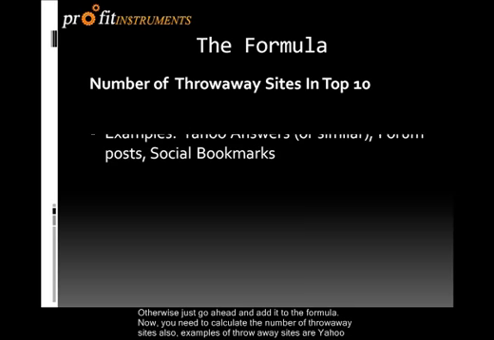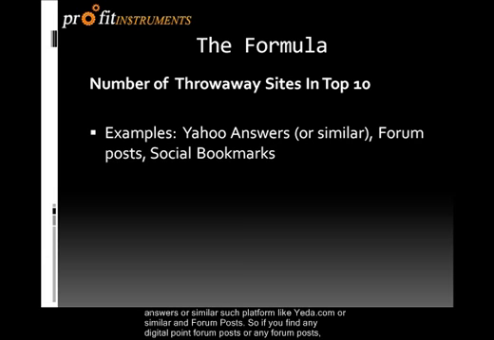Now you need to calculate the number of throwaway sites also. Examples of throwaway sites are Yahoo Answers or similar platforms, and forum posts. If you find Digital Point forum posts or any forum posts, these are considered throwaway sites. And social bookmarks, for example Propeller, Digg listings or Reddit listings, any such social bookmarks you find are also included in throwaway sites.